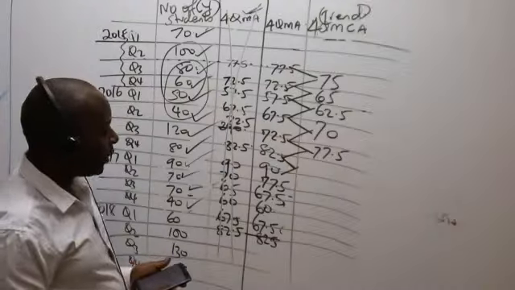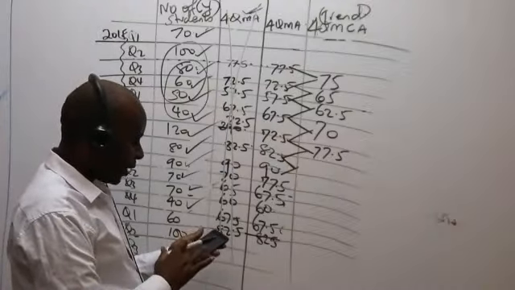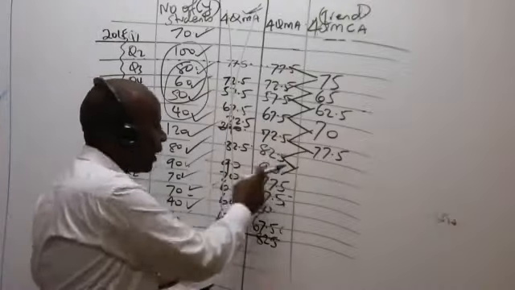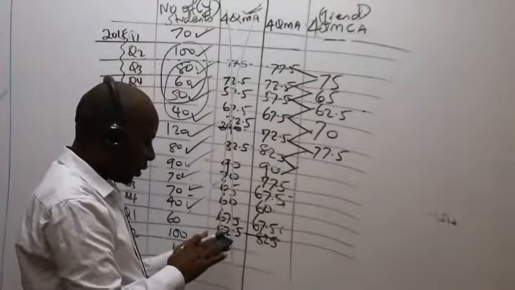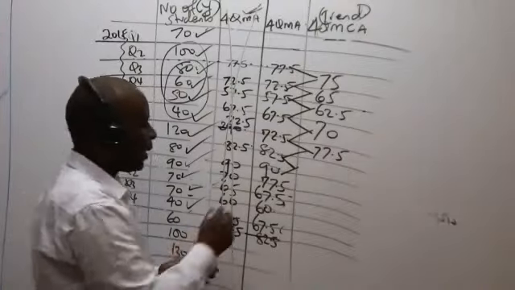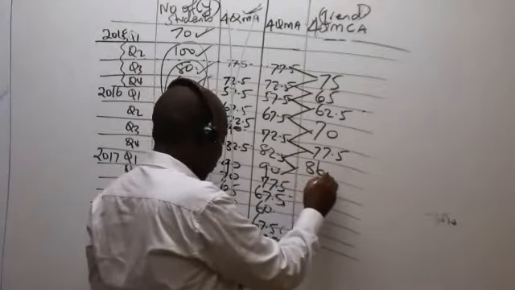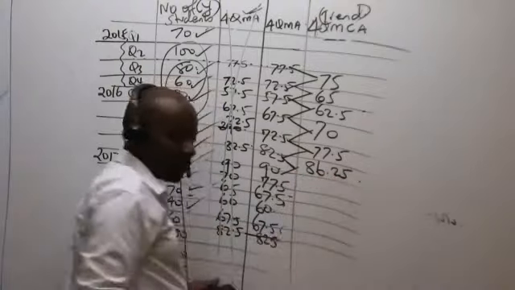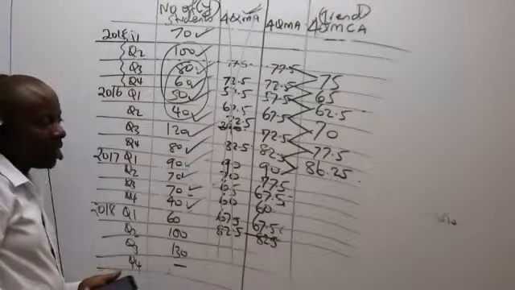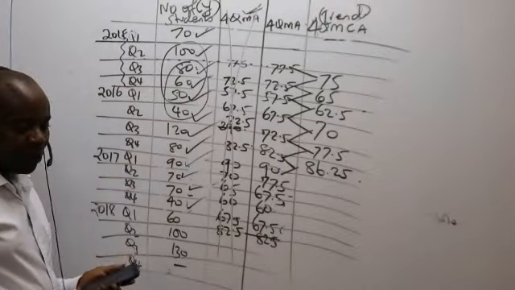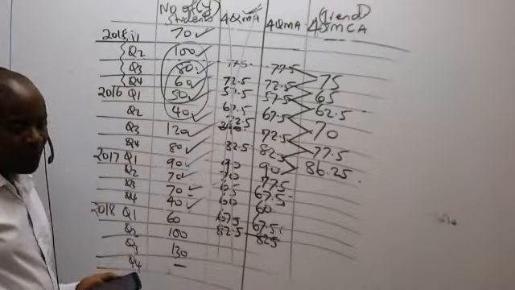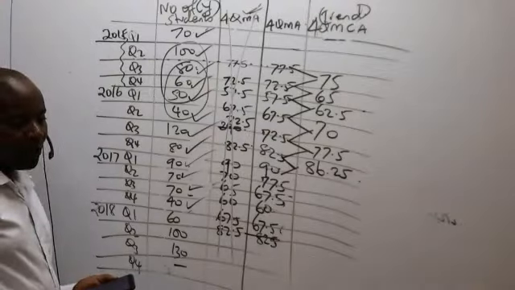Next we have 82.5 plus 90 divided by 2. I'm getting 86.25. Please confirm that for me. Is it correct?